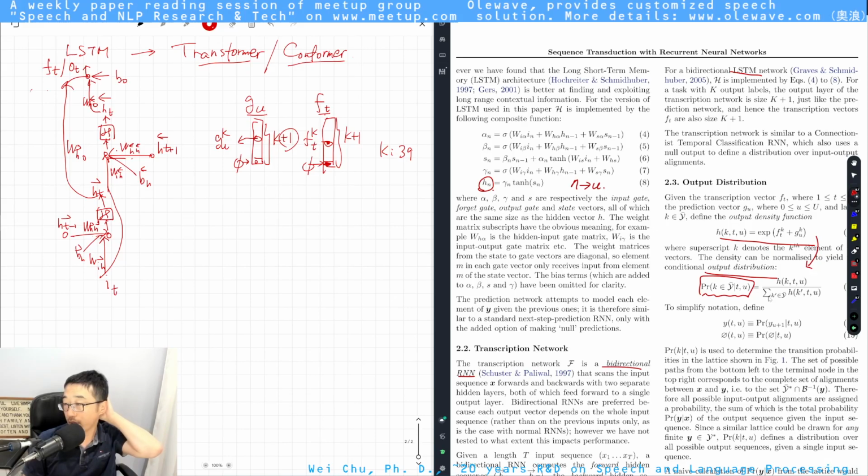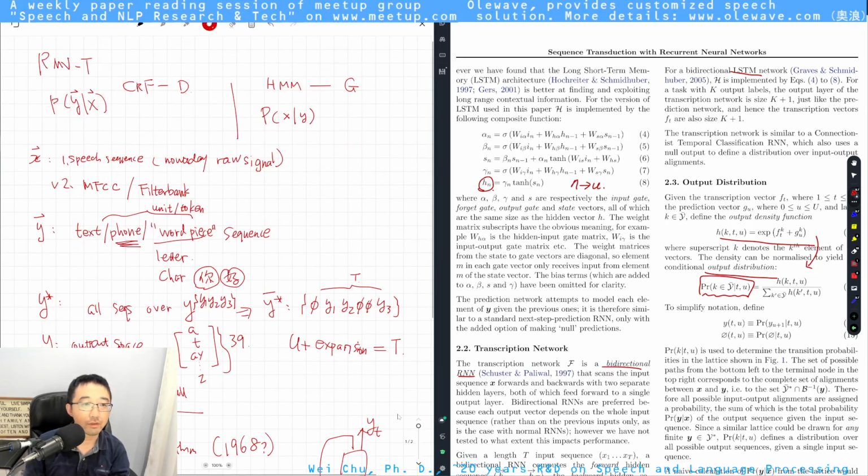It's a value between 0 and 1, given time t and output index u. What's the probability of the output label k? And k belongs to y bar. So what does y bar mean? Let's see. Yes, y bar is a set.